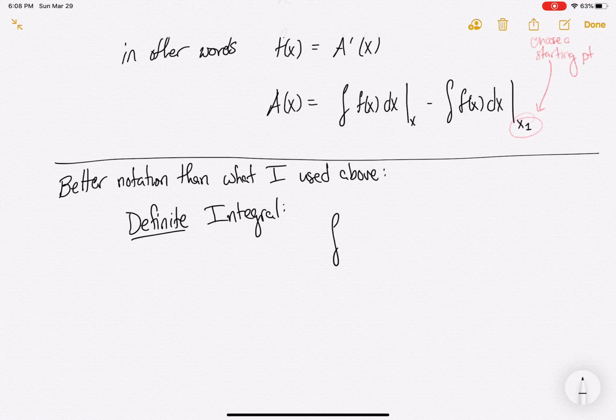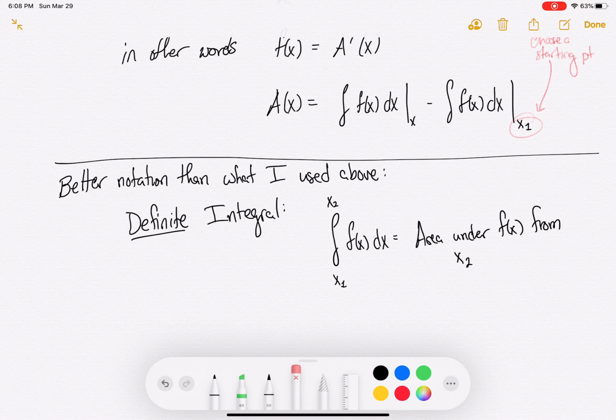And this is just an integral with bounds. So we put an x1 at the bottom and an x2 on top. F of x dx. This equals the area under f of x from x1 to x2.